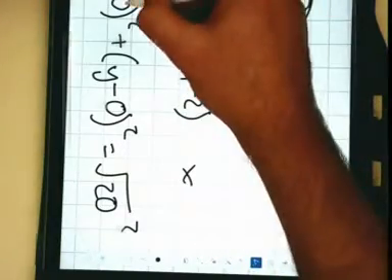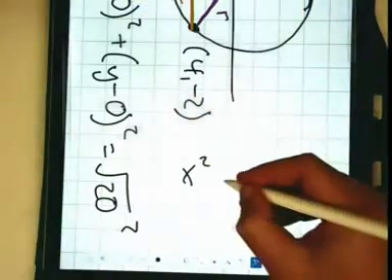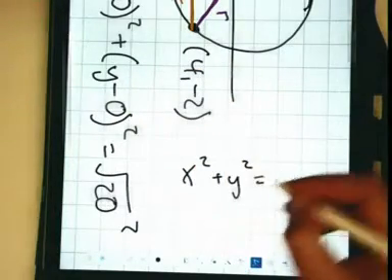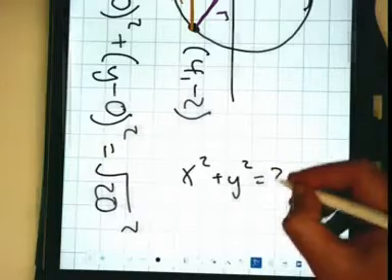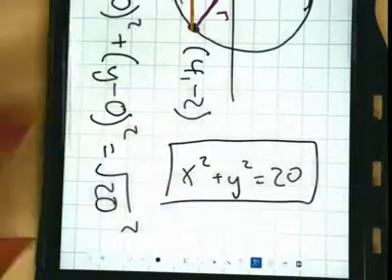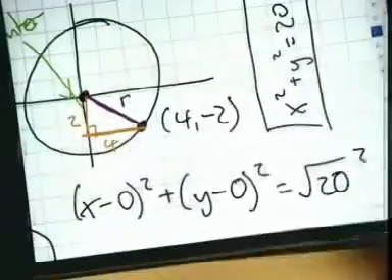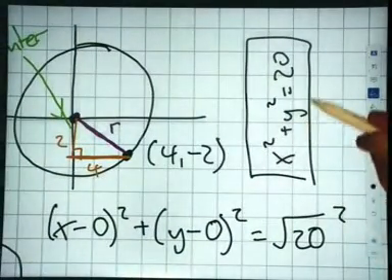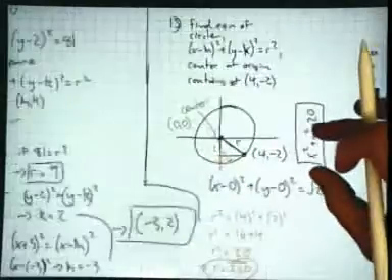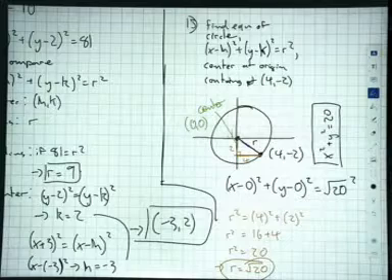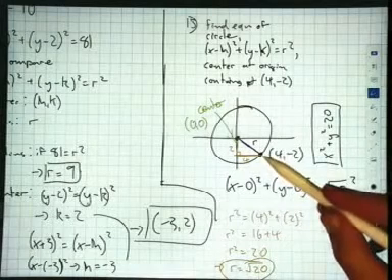So we have (x minus 0) quantity squared, that's just going to be x squared. (y minus 0) quantity squared, that's going to be y squared, is equal to the square root of 20 squared, which is 20. And there's our equation of the circle. x squared plus y squared equals 20. There is the equation of the circle, whose center is at the origin and it's going through this point right here.